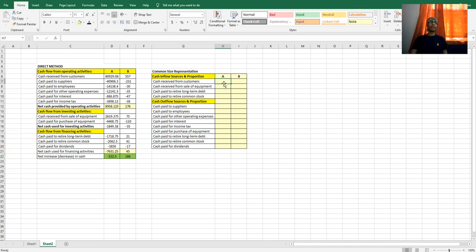And here in the list of outflows, we bifurcate the magnitude or the contribution of each of these line items in terms of percentages. Now first we calculate the total cash inflows and total cash outflows for A and B. Okay, let us segregate it in a different way.